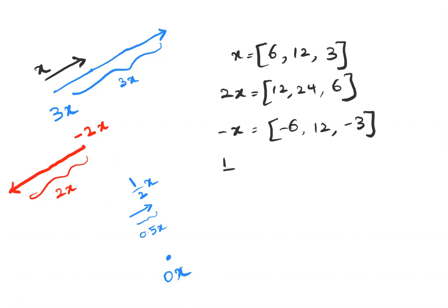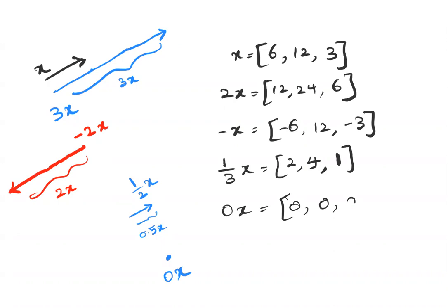Vector 1/3 x is going to be 2, 4, and 1. And finally, 0 multiplied by x is going to be 0, 0, 0. So these are different variations of scalar multiplication in vectors.